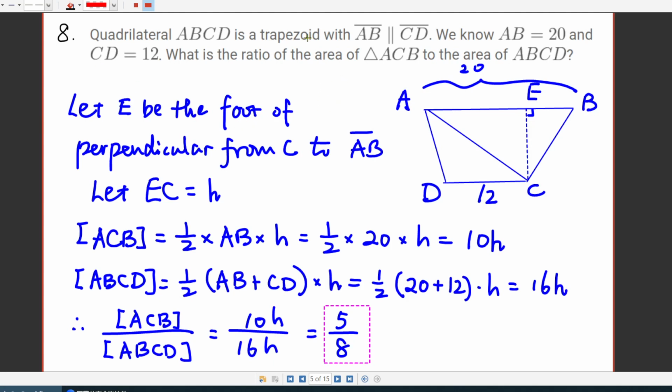Okay, of course, the method to solve it is more than one. You could use some other method, okay?